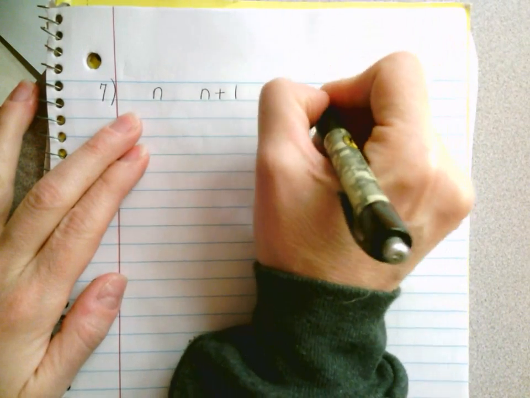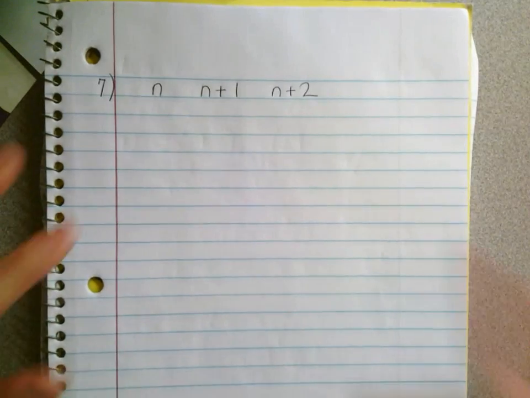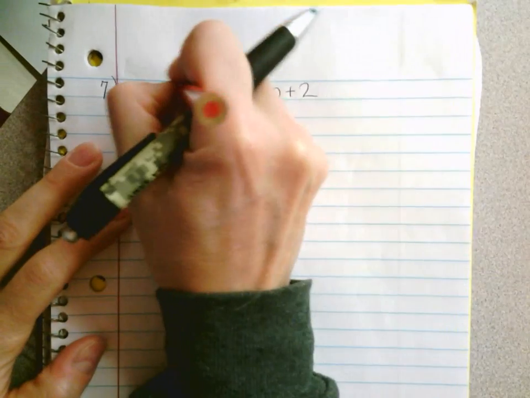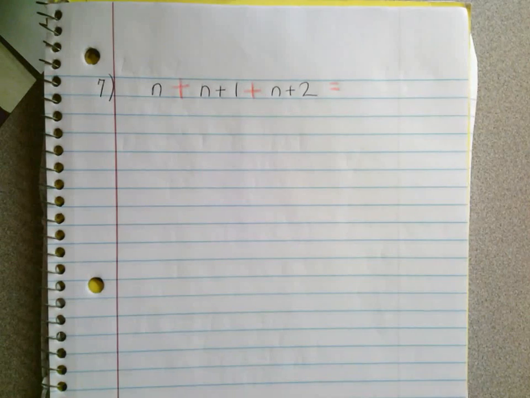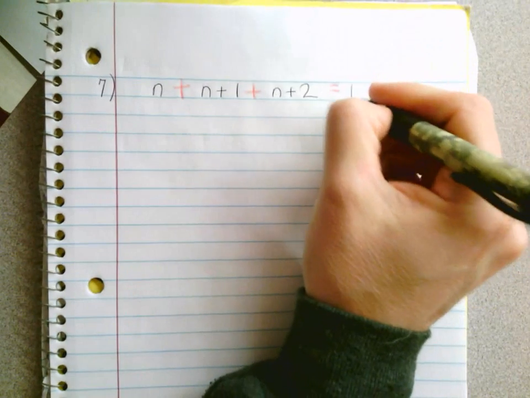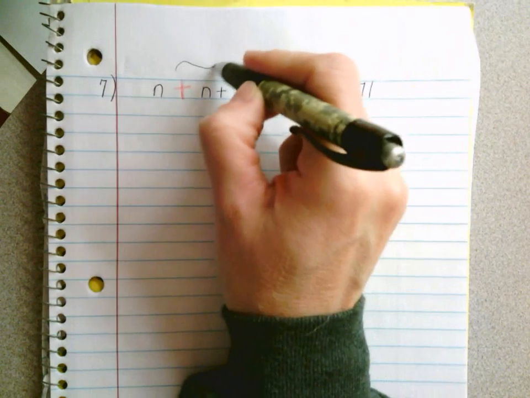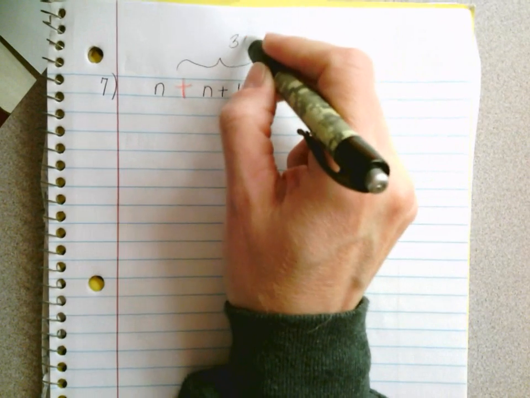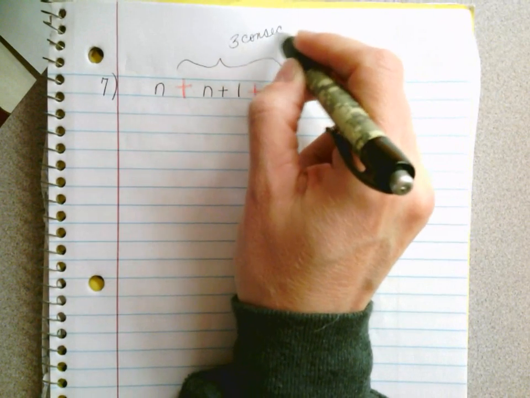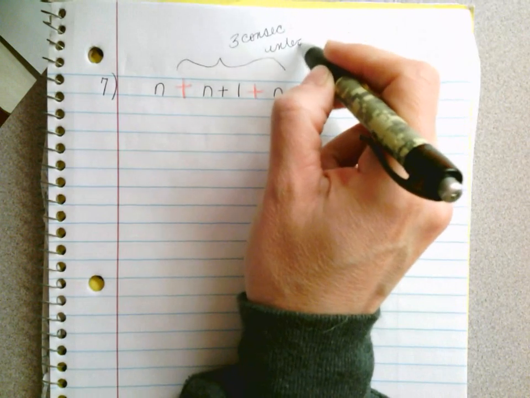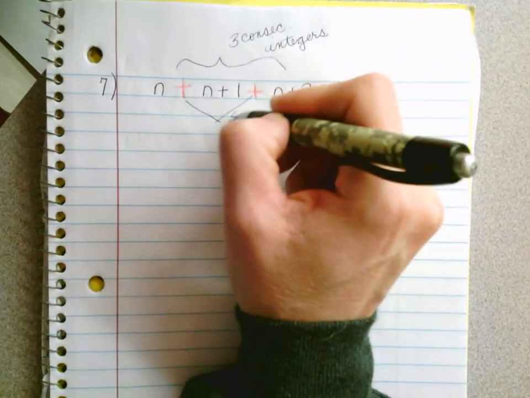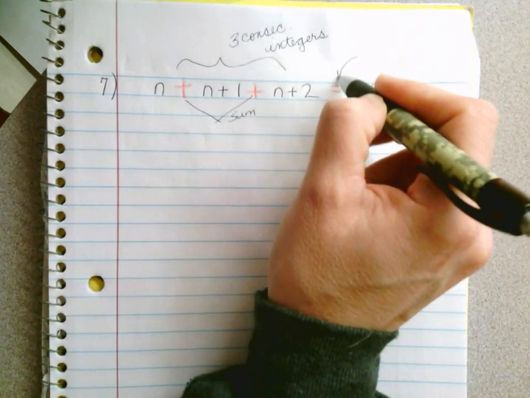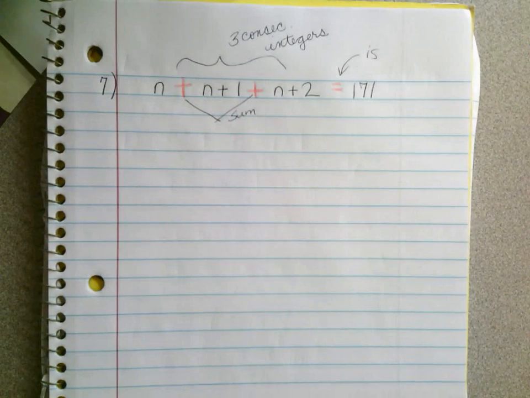These are my integers whose sum is 171. Three consecutive integers that when added together, their sum is 171.